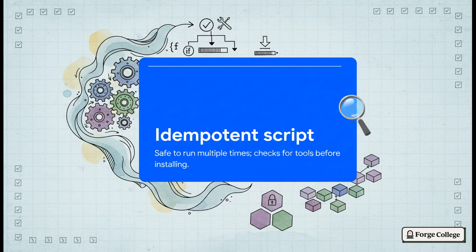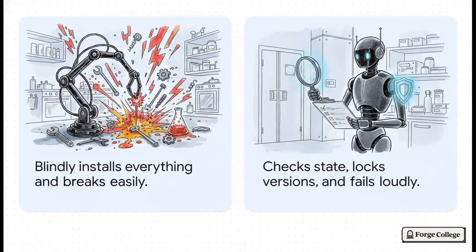I know, it sounds a bit intimidating, but it really just describes an operation that can be applied multiple times without changing the result beyond the initial application. Simply put, an idempotent setup script checks if a tool is already installed before it tries to blindly install it again. This makes it totally safe to run over and over without causing messy path overlaps, duplicating files, or completely breaking your local environment. Let's actually compare these two approaches side by side.